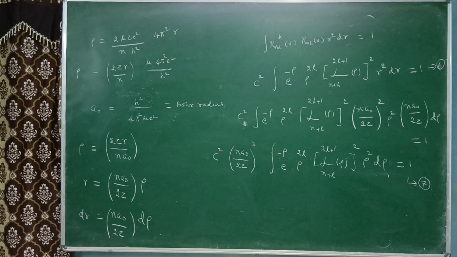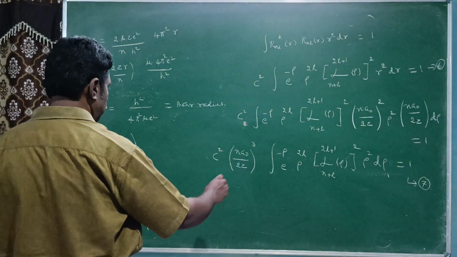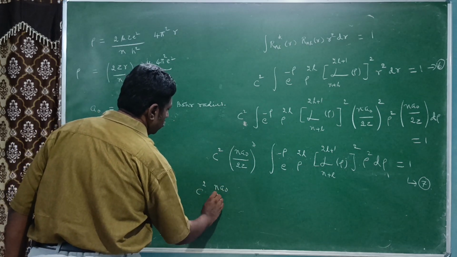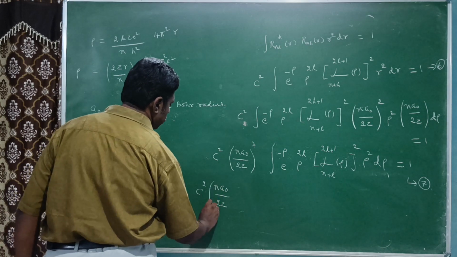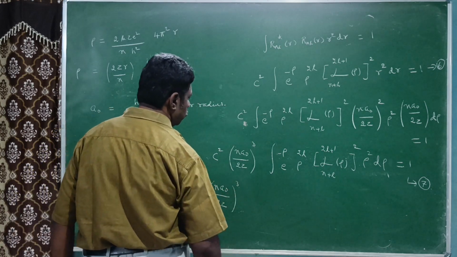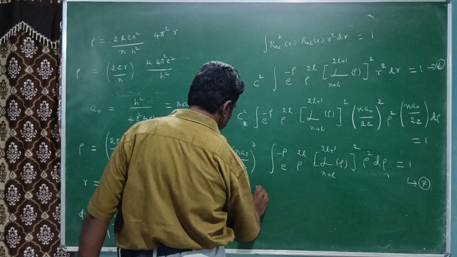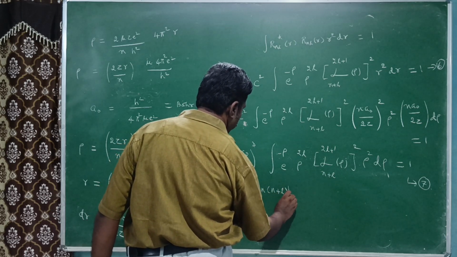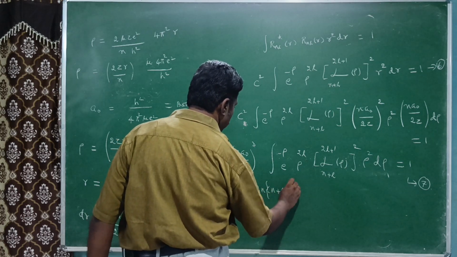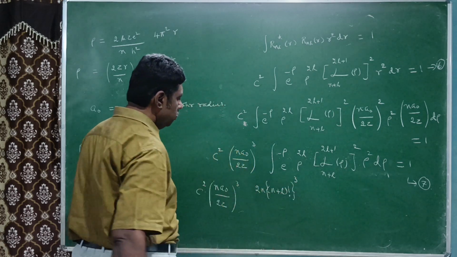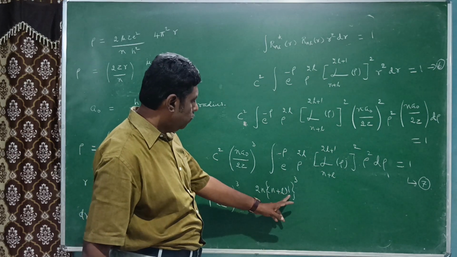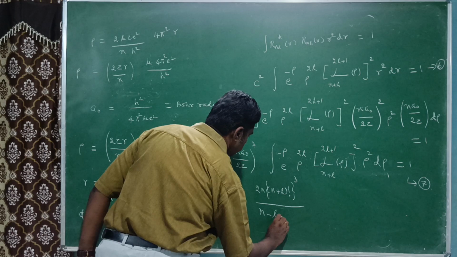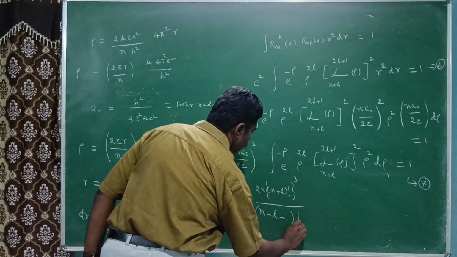Now this is the standard integral. You have to substitute this itself. It is C² (n a0 divided by 2Z) whole cube. This integral value is 2n into (n plus l) factorial cube divided by (n minus l minus 1) factorial.